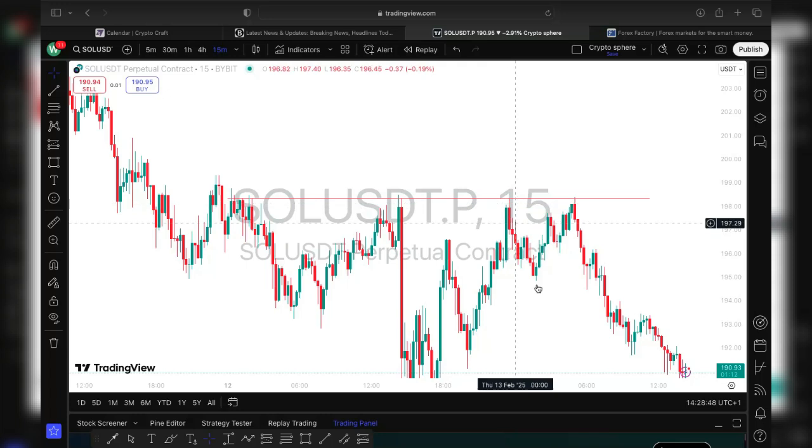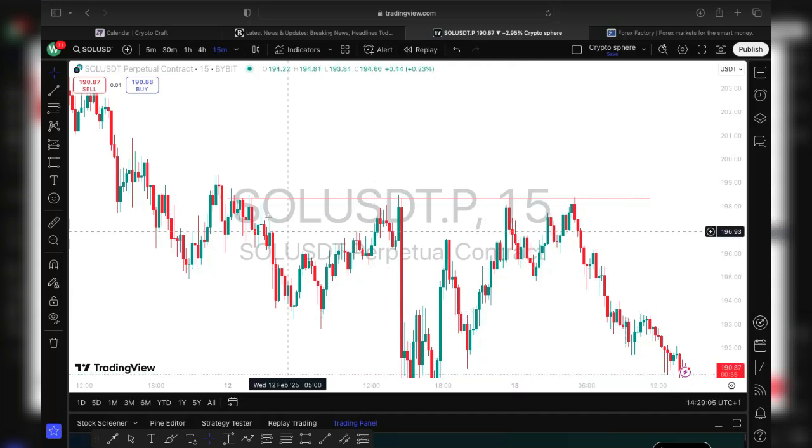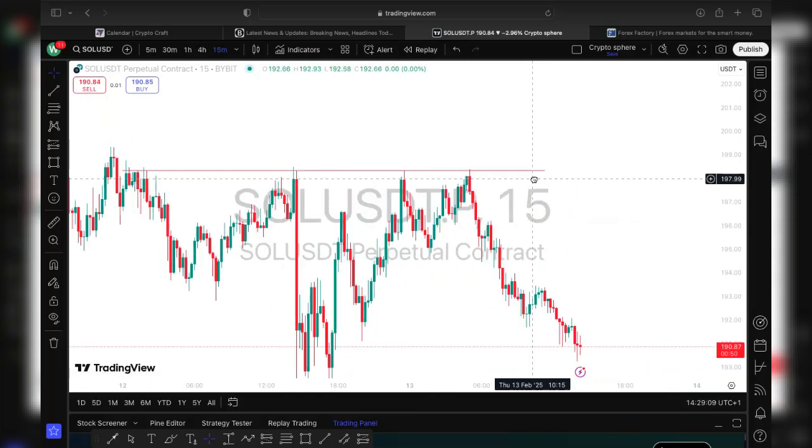So a lot of sellers are here and they are willing to keep pushing the price of this cryptocurrency downward. Anytime price gets to that zone, they will sell. You see how it has been happening the first, the second, the third, and even the fourth time. About four touches now.